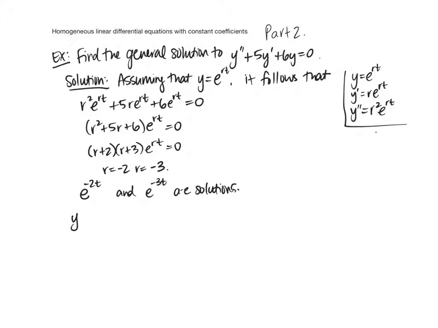So all solutions will be of this form: y is equal to some constant times this plus some other constant times this. All the solutions of this differential equation will be of this type.